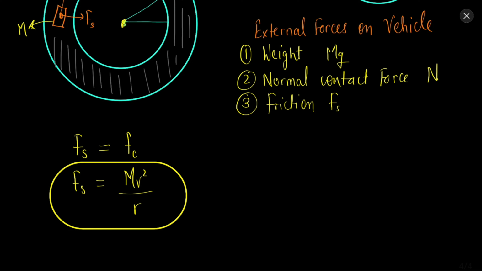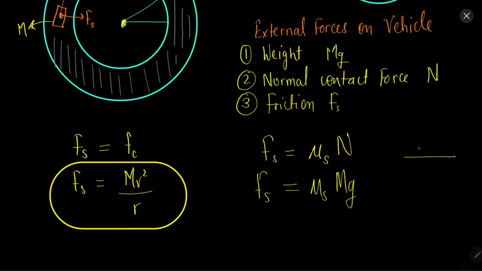Now, what is the usual formula for friction? It is mu s n: the coefficient of static friction times the normal force. The normal force is equal to the weight of the car. For example, this is the road and the car is here, so the weight is downward and the normal force is acting upward.